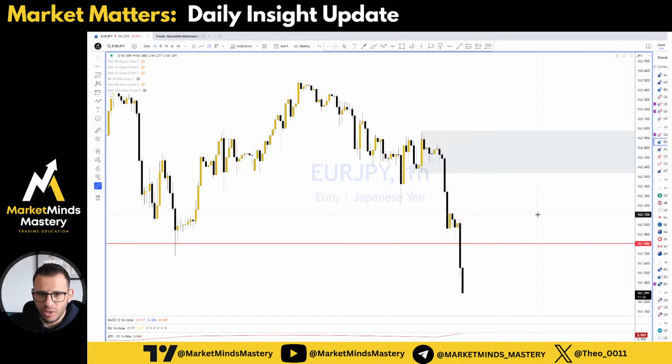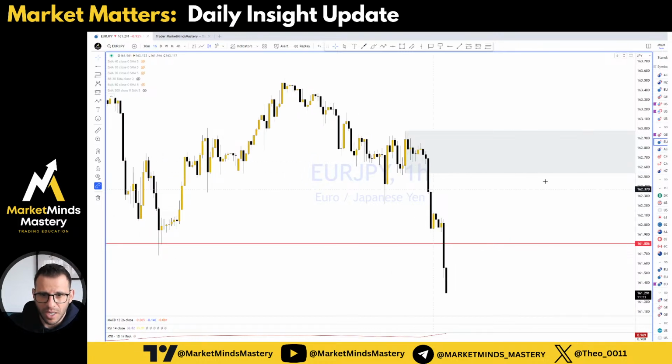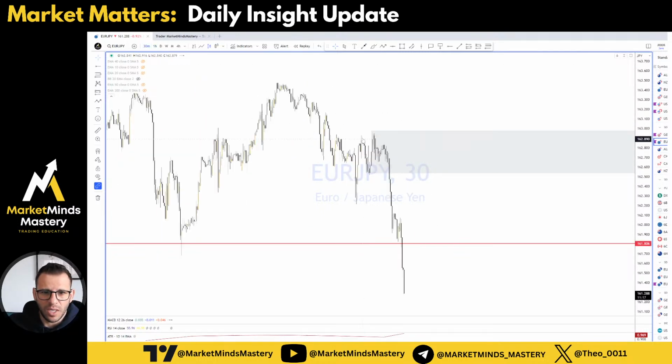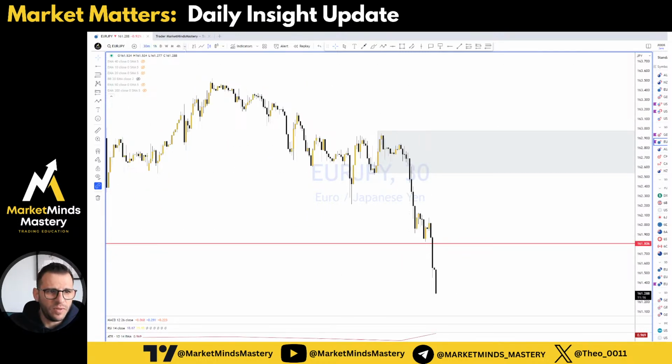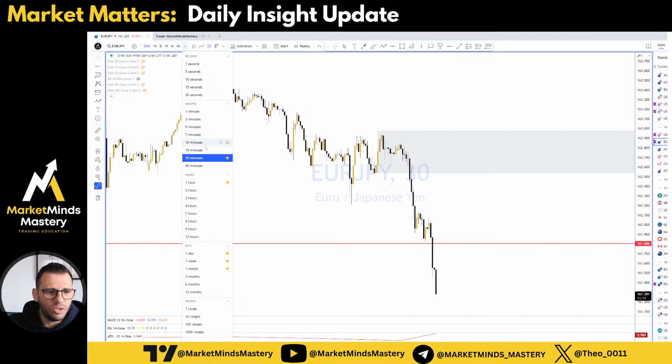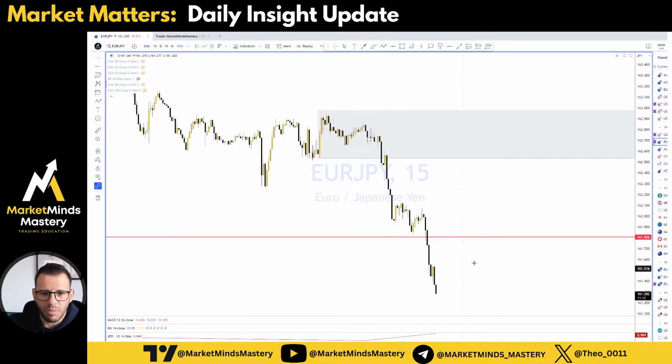So euro, Japanese yen, we also keep an eye on this one right at the top. Okay guys, that's the hourly time frame, and we can go down to the 30 or 15-minute chart if we want to see when the price will come and visit this area to look for confirmation to go short.